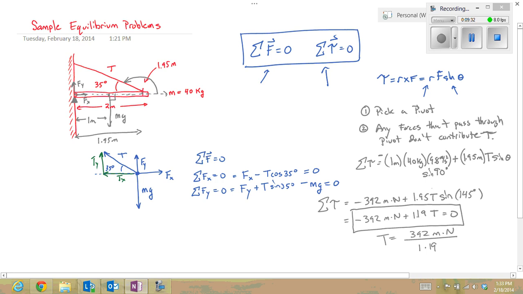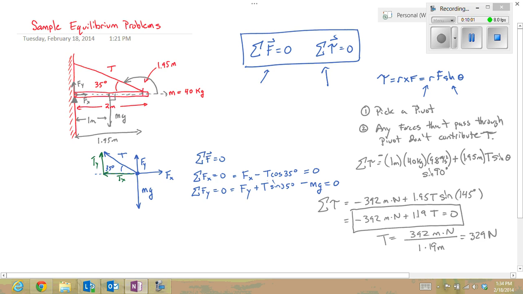That is meters from above, and this should give me then an answer that is in newtons for a force. So the tension in our string is 329 newtons.